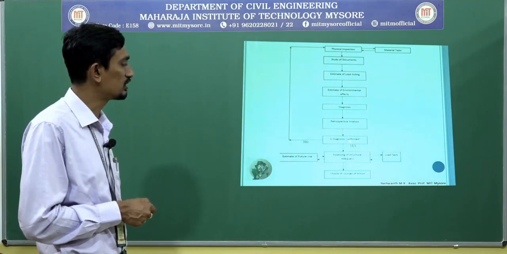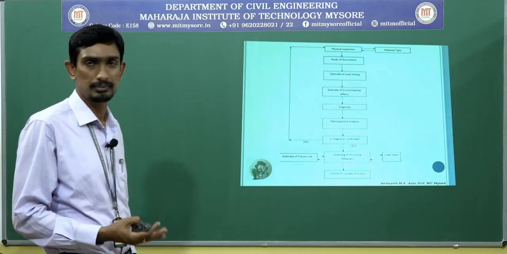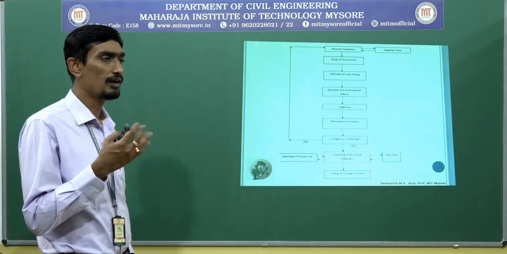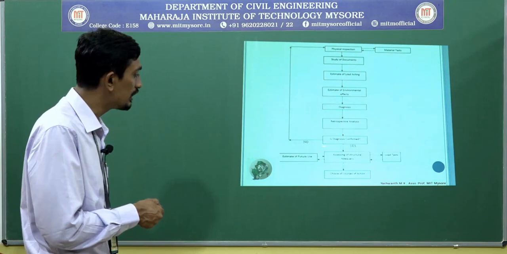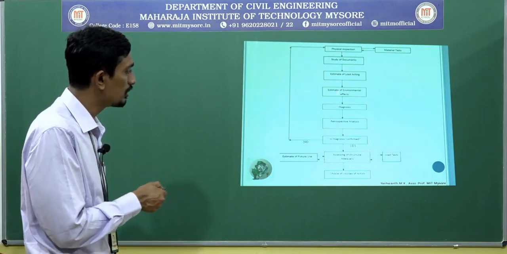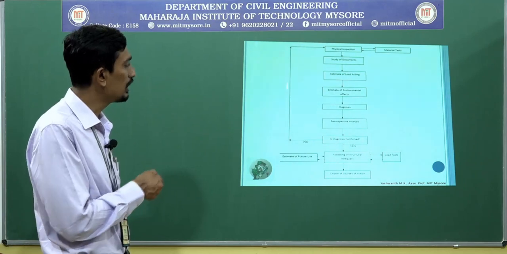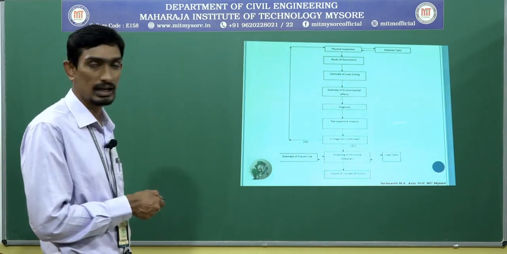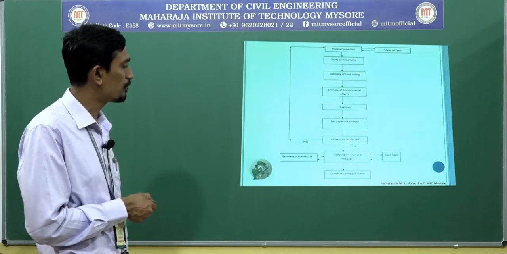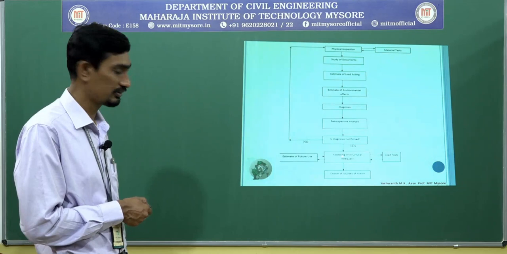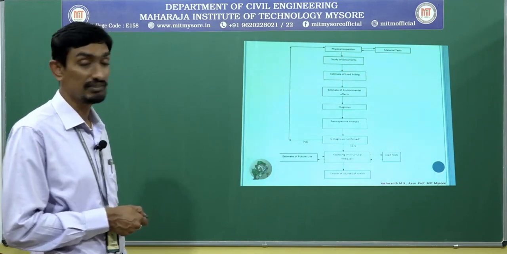If the diagnosis is not confirmed, that is, if I missed any step, or if there is any false information, or if I have not done proper assessment, then I need to go once again from step number 1 and repeat the complete analysis. If the diagnosis is confirmed, then I will go with assessing structural adequacy.